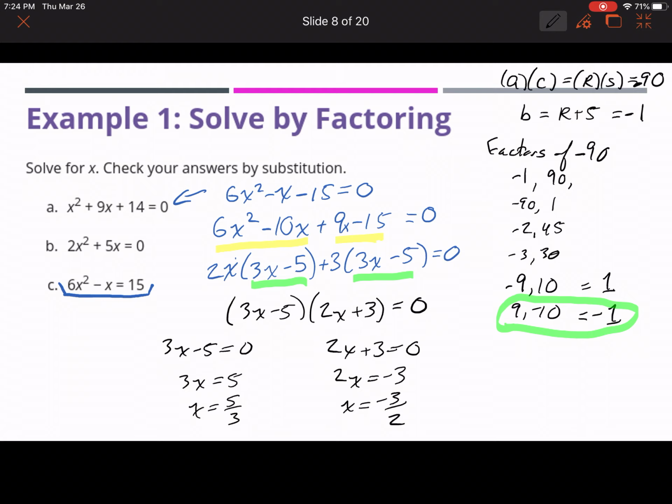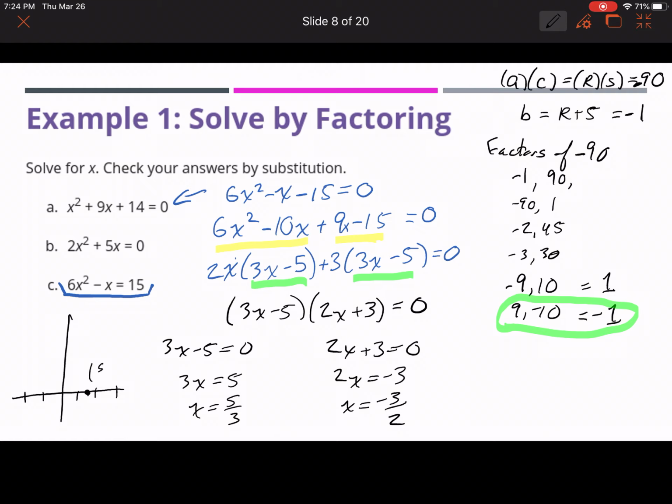So if we were to graph that, we know we have a positive parabola because we don't have a negative a, but we are looking at fractions. So our 1x is 5 over 3, so 1 2/3.